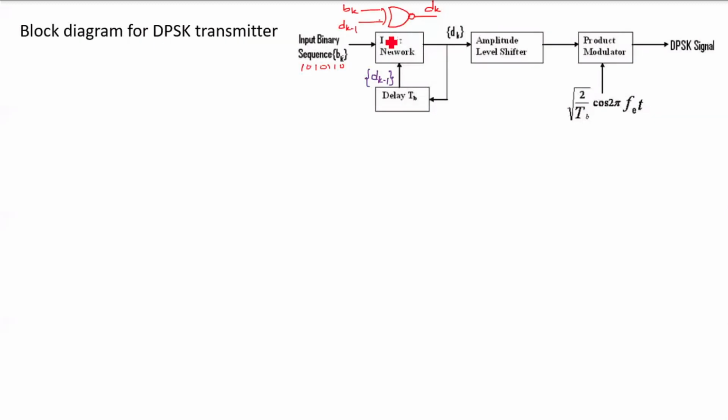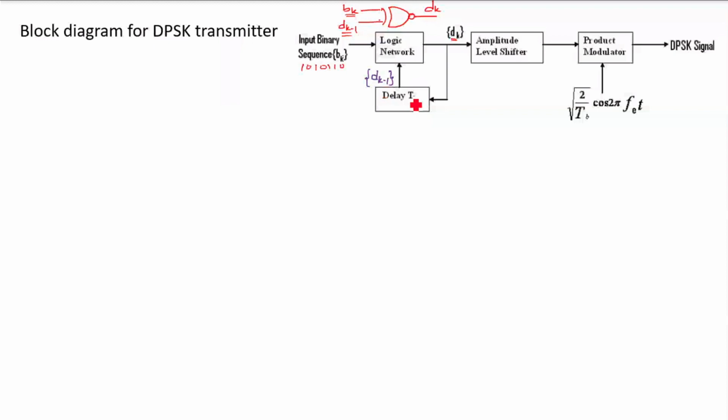The logic network gives out an output, and this output is delayed by Tb. That means if my present binary bit is Bk, it will be XNORed with the past output of the logic network.